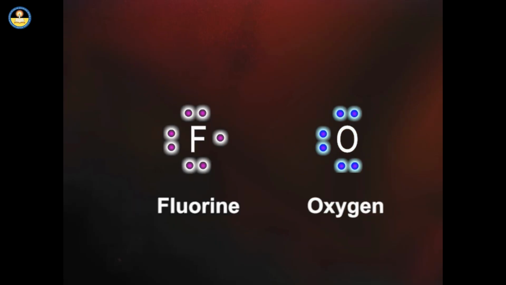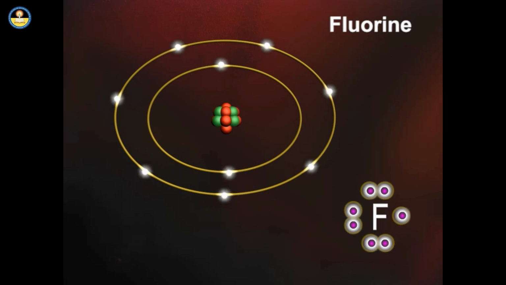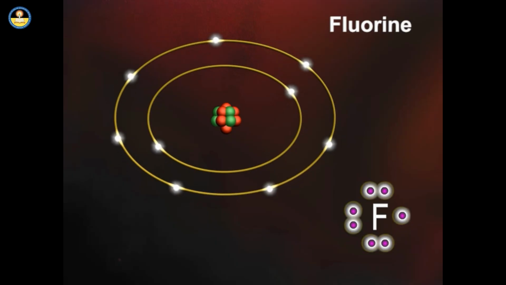Let us now try to represent fluorine and oxygen atoms by Lewis formulae. Fluorine has 7 electrons in its outermost shell, so it is shown with 7 dots around its symbol. Thus, we represent fluorine atom as shown on screen.